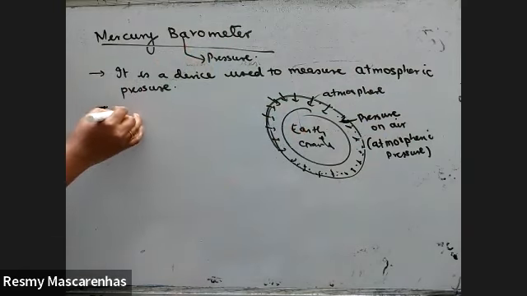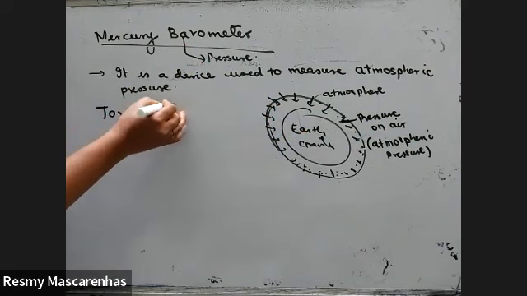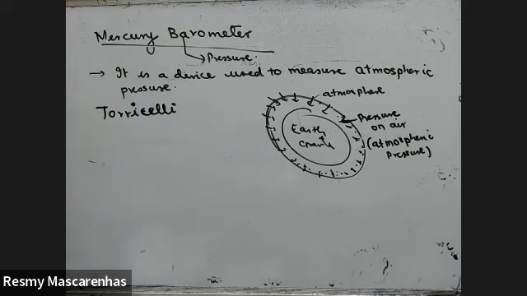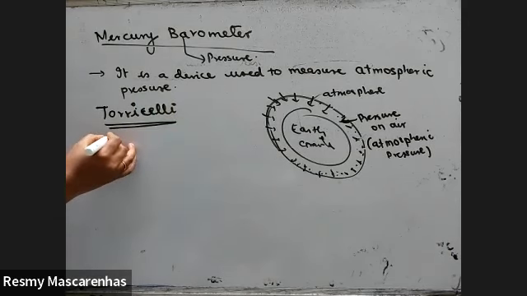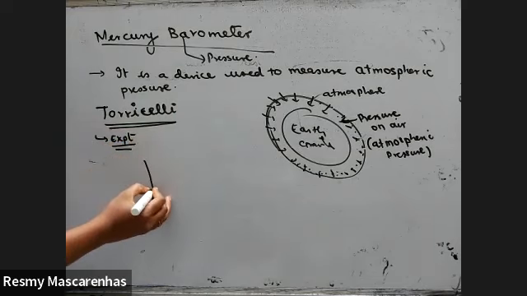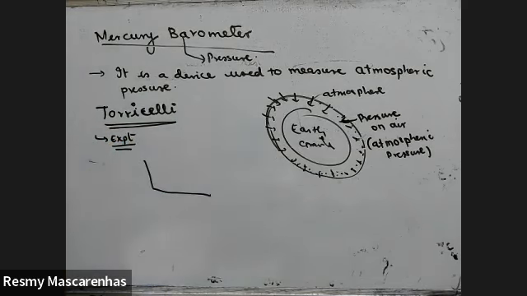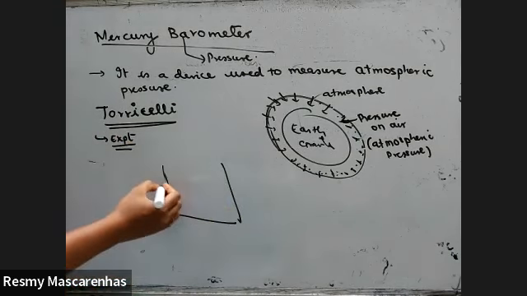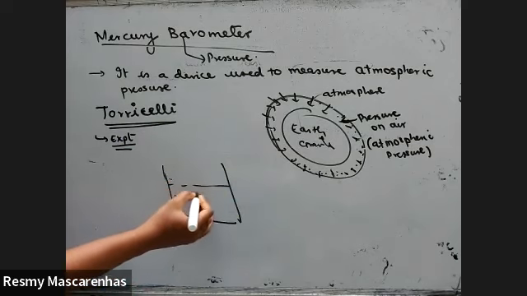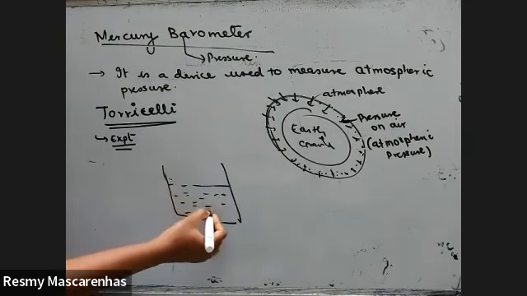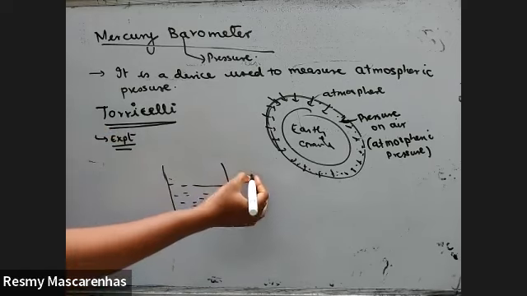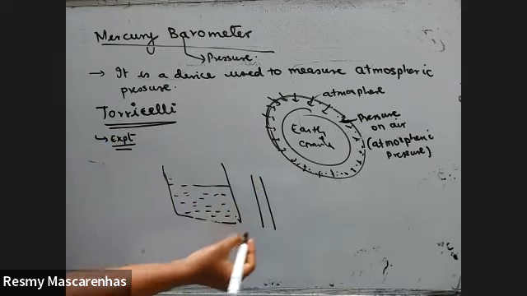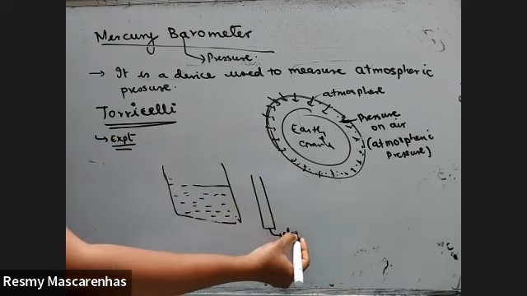There was a scientist called Torricelli. He did one experiment. He took one special kind of fluid here, and then he took one small tube, closed at one end and open on this side.